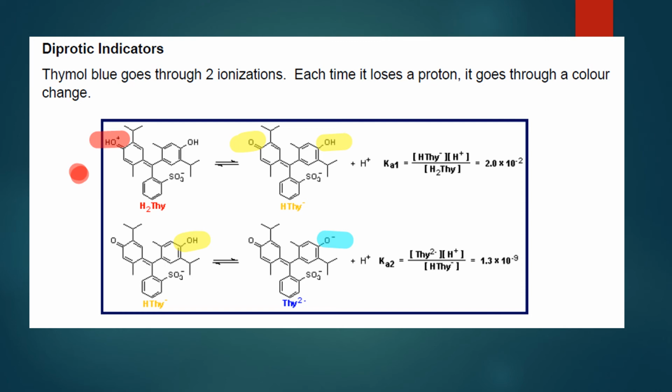We also go through a second change though, because we have another hydrogen ion that we can release and change colors. So we actually go from a red form to a yellow form, and then a yellow form to a blue form. And we kind of have two Ka values for those different changes as well, depending on the pH range that it changes color.